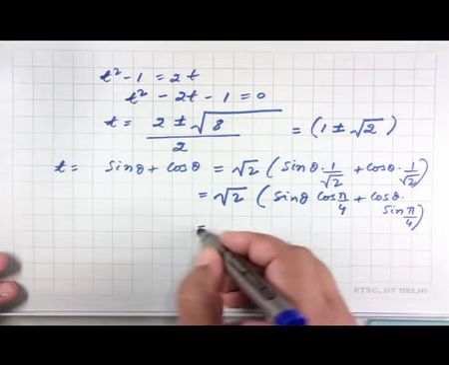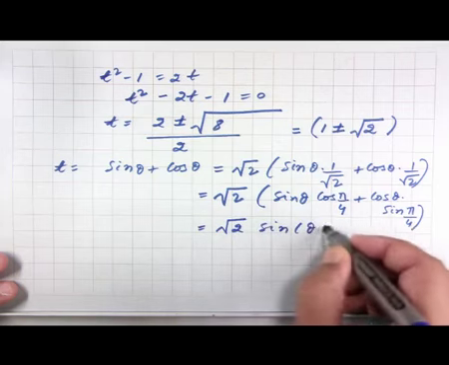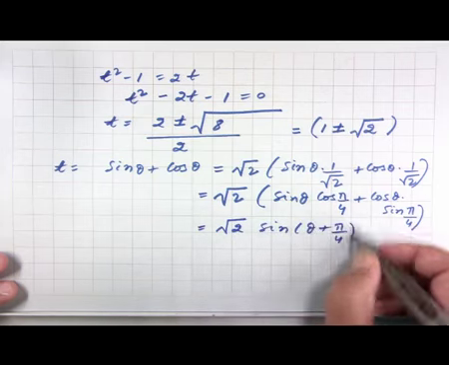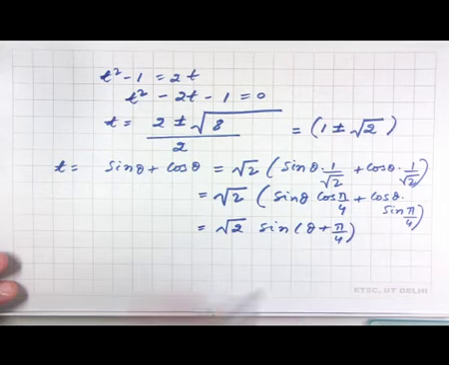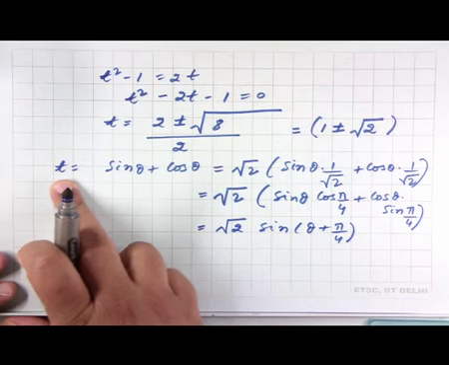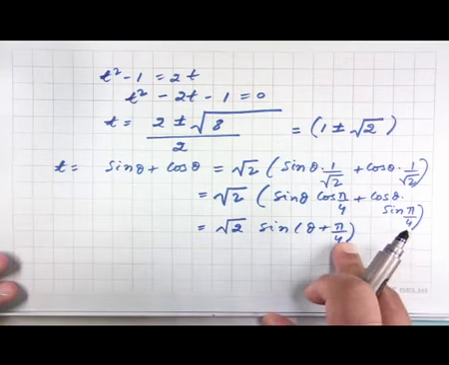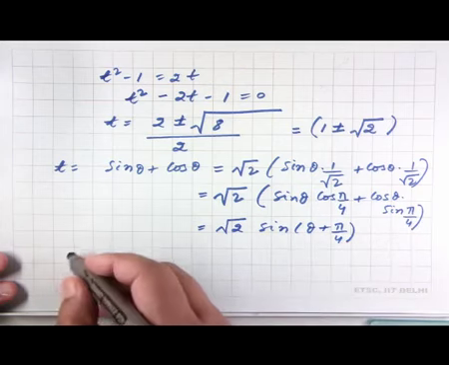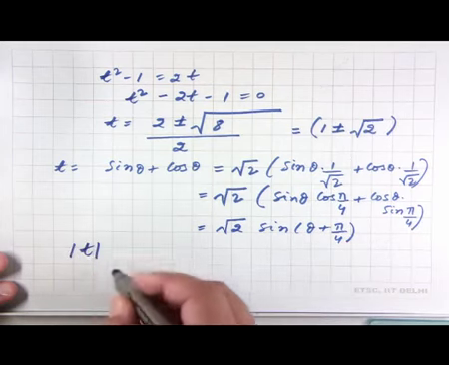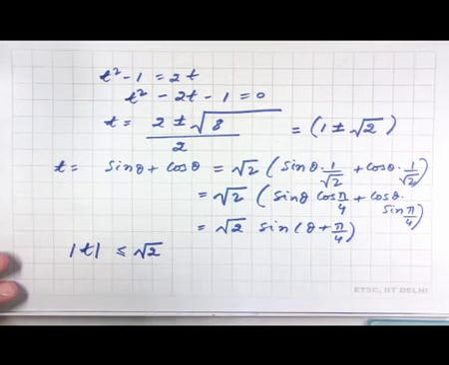So t is equal to root 2 sin of theta plus pi by 4, and since the value of sin is between minus 1 and plus 1, the absolute value of t has to be less than or equal to square root of 2.